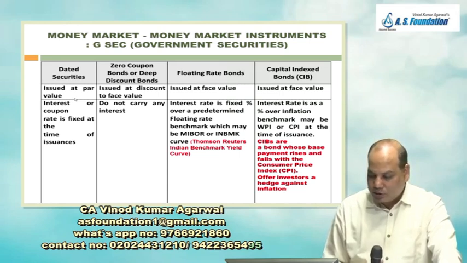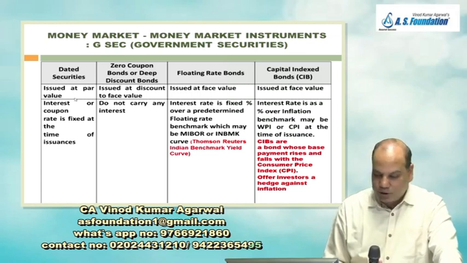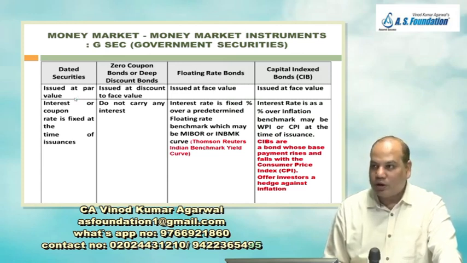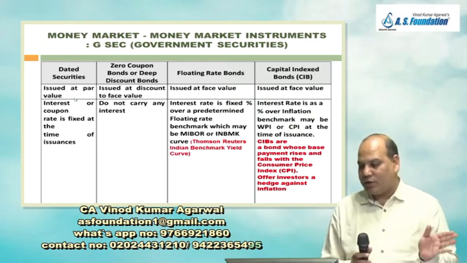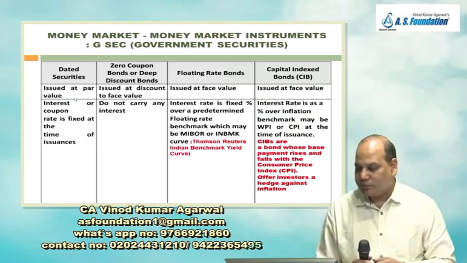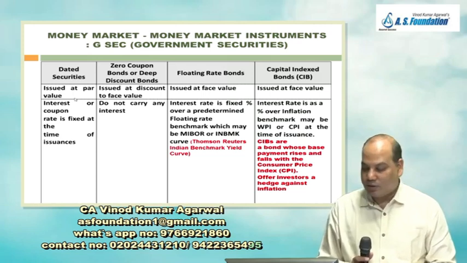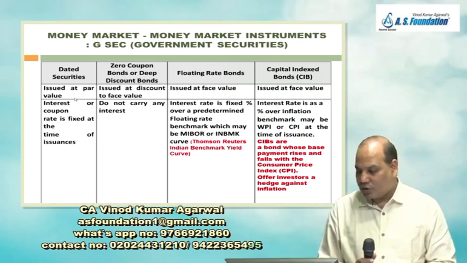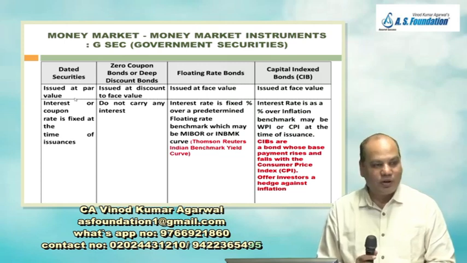Now what about the interest or coupon rate? So next line is interest or coupon rate is fixed at the time of issuance. As you know, zero coupon bond do not carry interest. Floating rate bond interest rate is floating as it is linked to a predetermined benchmark rate like MIBOR, LIBOR or INBMK.